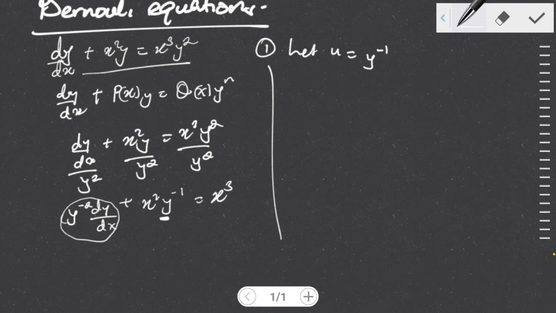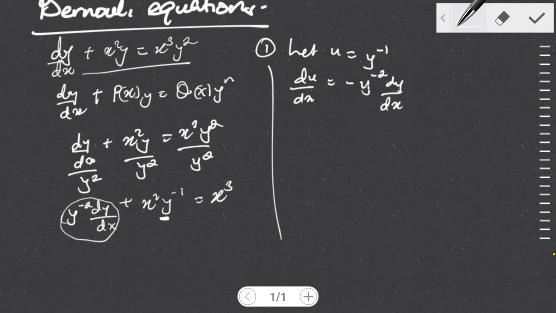Having done that, we differentiate u with respect to x, so du/dx equals negative y to power -2 dy/dx.